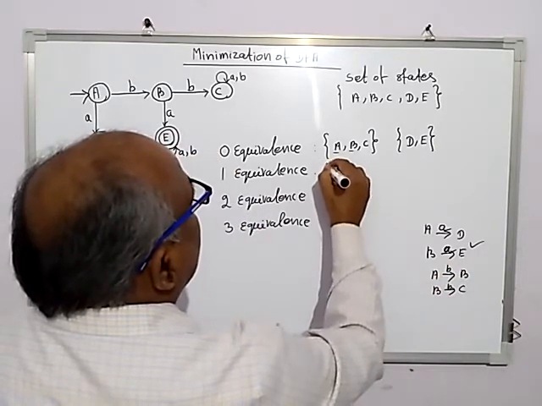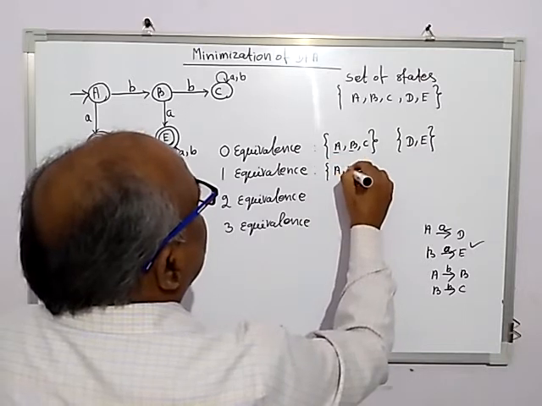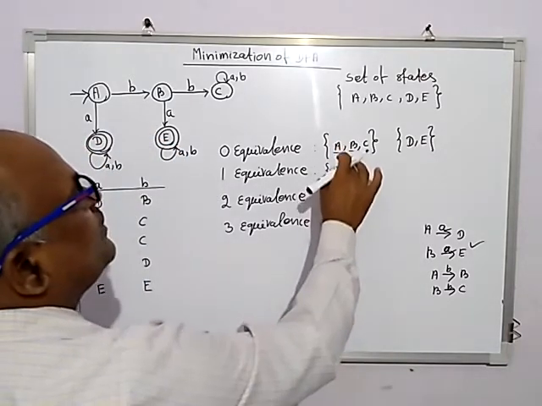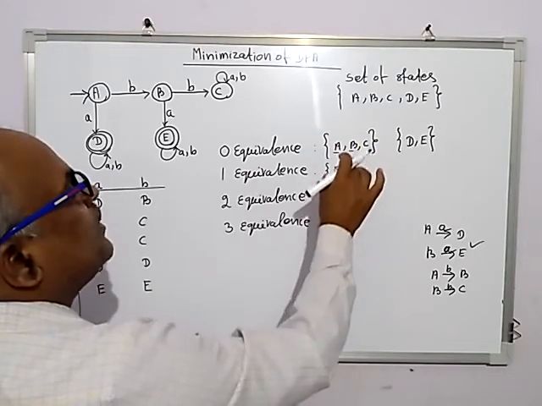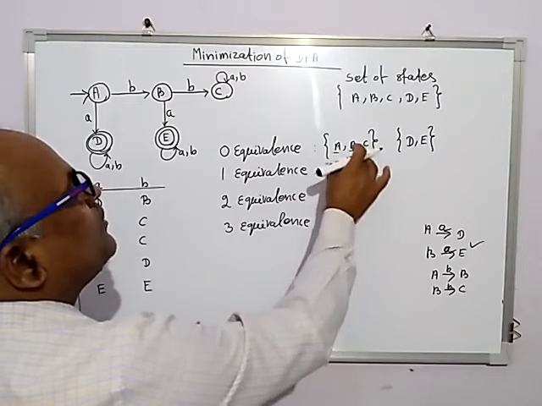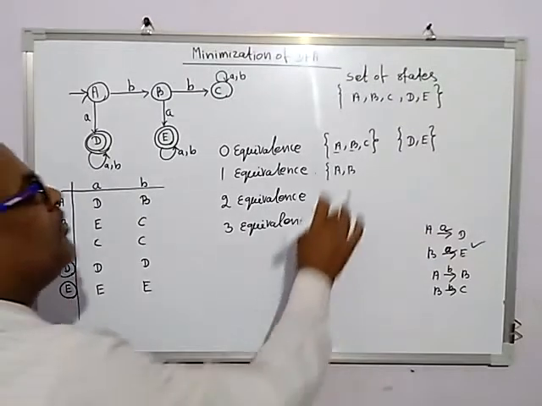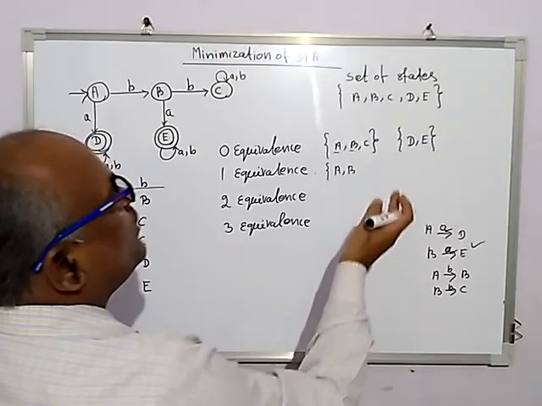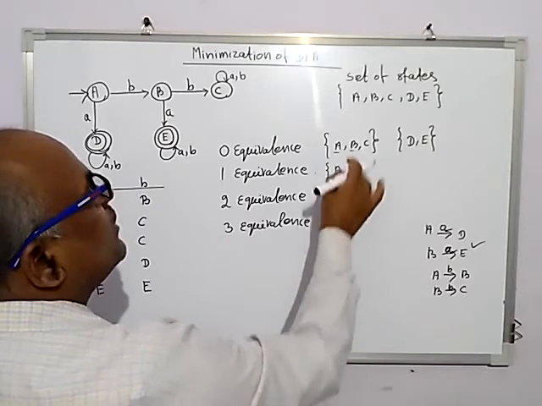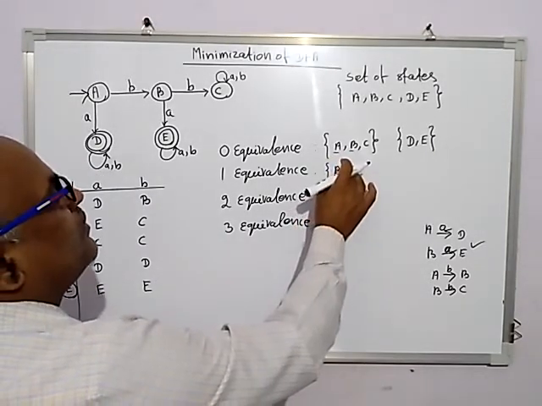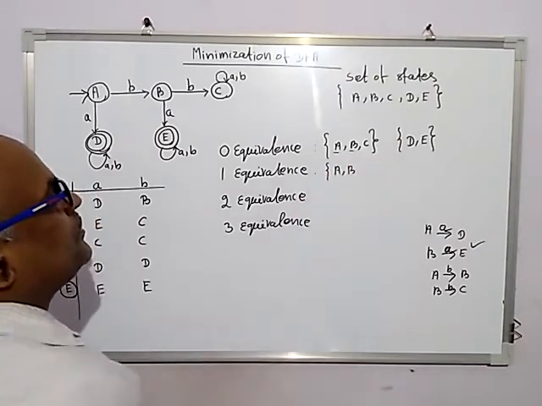So we write A, B together. What will happen for C? If A and C are one equivalent, then A, B, C are one equivalent. Or if B and C are one equivalent, then A, B, C are one equivalent. So first we check either AC or BC.